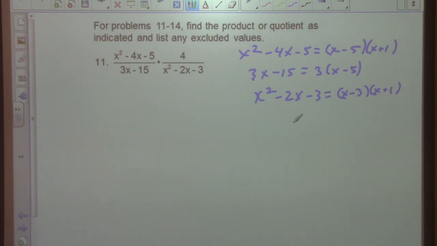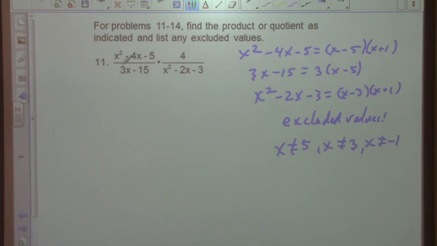And then, what are the excluded values going to be? 5, 3, and -1. So x cannot equal 5, x cannot equal 3, and x cannot equal -1.